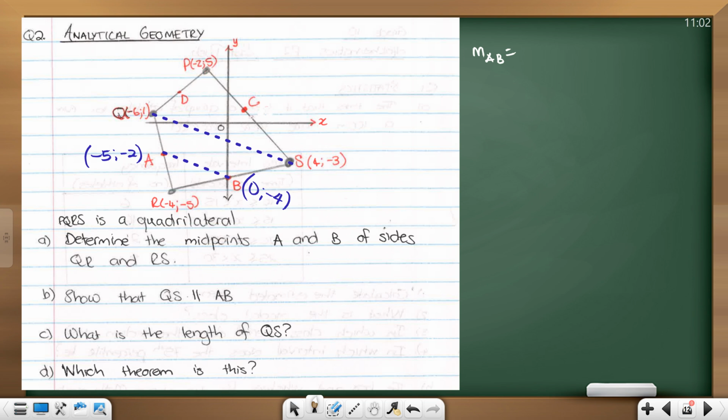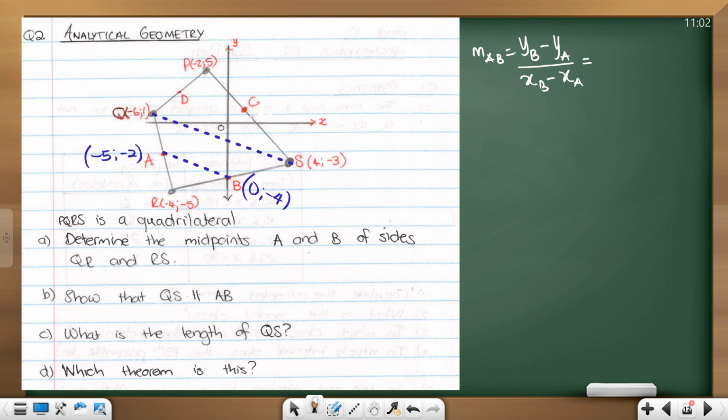Once you start doing shortcuts, you miss one negative, and you must also know that you are expecting a negative answer there. When you get a positive, you should have questioned your answer. XB minus XA means something is wrong somewhere.